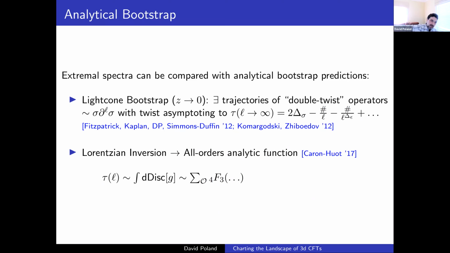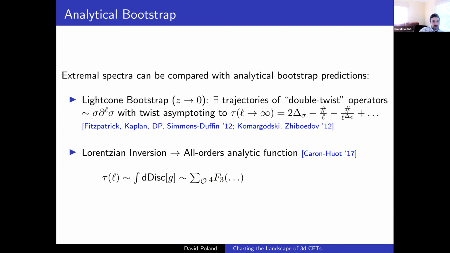Then to match that on the other side of the crossing relation, you need a trajectory of operators of increasing spin. You can establish that these trajectories need to have twist asymptoting to twice the scaling dimension of the external operator, 2 delta sigma. And then you can analytically calculate corrections in the 1 over spin expansion, which depend on the other leading twist data in the spectrum.